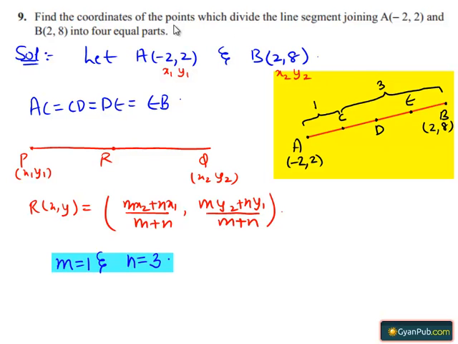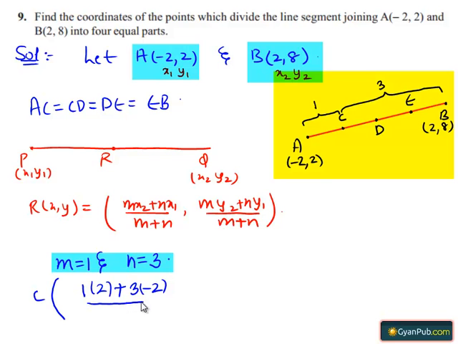And by the section formula, the coordinates of point C are (mx2 plus nx1), that is 1 times 2 plus 3 times -2, whole divided by (m plus n), that is 1 plus 3, and (my2 plus ny1), which is 1 times 8 plus 3 times 2, whole divided by (m plus n), that is 1 plus 3.